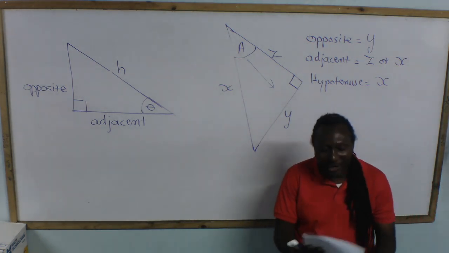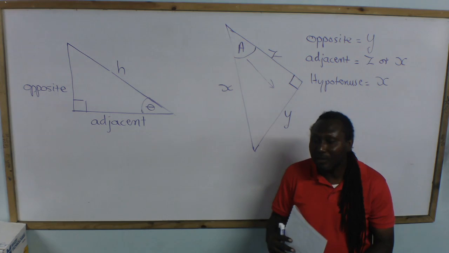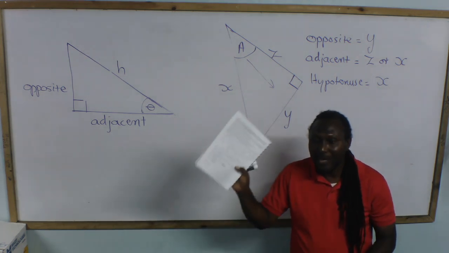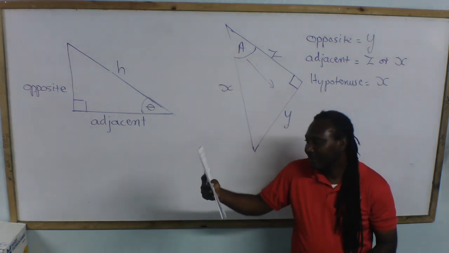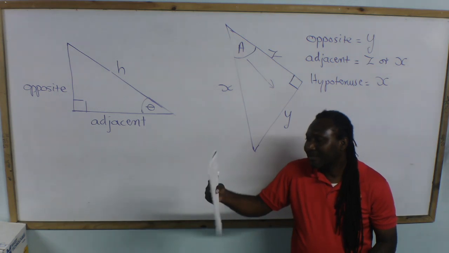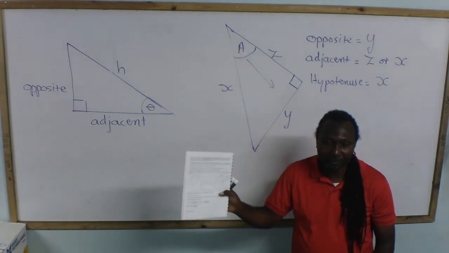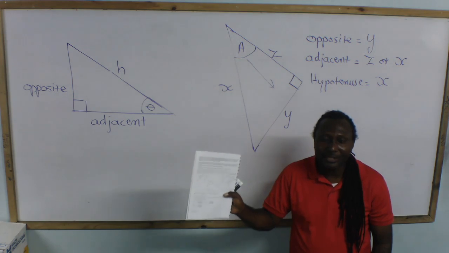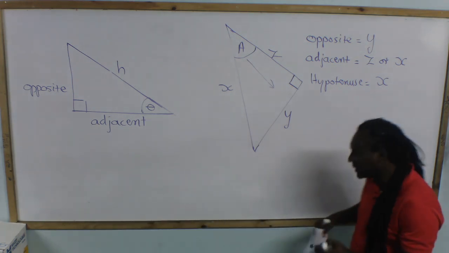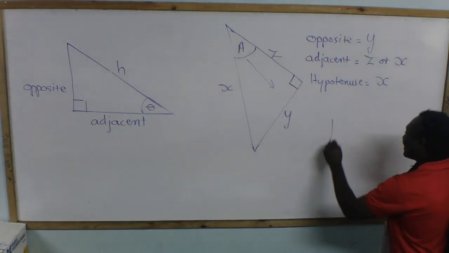Now, you have 3 triangles, and you are required to identify the sides relative to the angle that is supplied. For example, look at this situation.